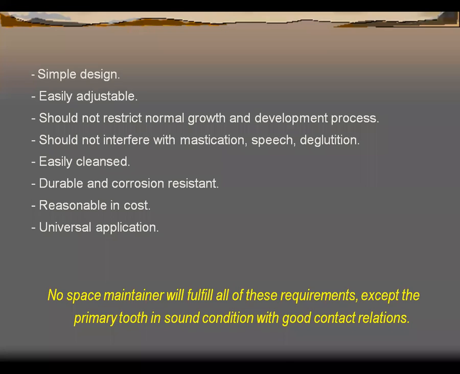These are all the ideal properties of a space maintainer. So, the last sentence is no space maintainer will fulfill all these requirements except a sound and healthy primary tooth with good proximal contact. So the best space maintainer is a healthy, caries-free primary tooth with good proximal contacts. Okay.